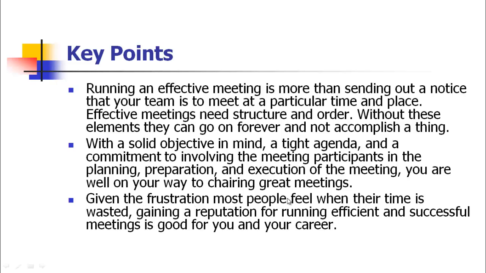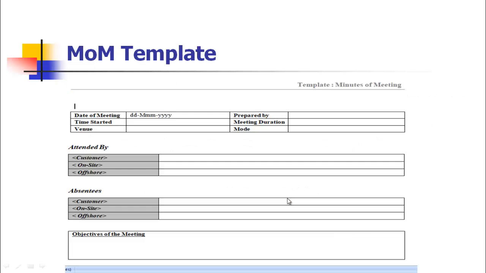Okay, let's move on to the next slide, where I will be discussing the MOM template. This is the template for the minutes of meeting. As you can see, the date of the meeting will get recorded, who prepared it, time started, meeting duration, venue and mode, whether it is face-to-face, over the call, or a video conference call.